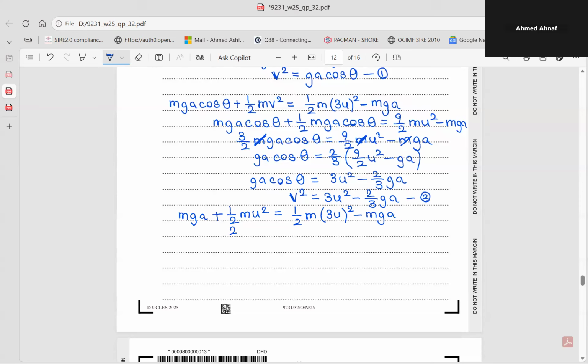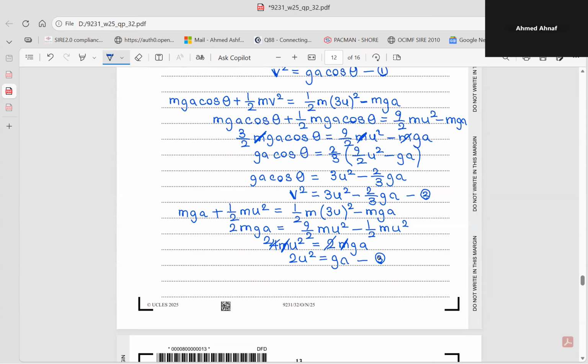So that will give us 2 mGA equals 9 over 2 mu squared minus half mu squared. Then you would get 4 mu squared equals 2 mGA. The m's cancel, 2 also cancel. So 2u squared equals GA.